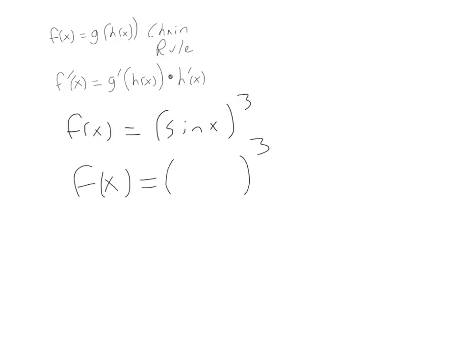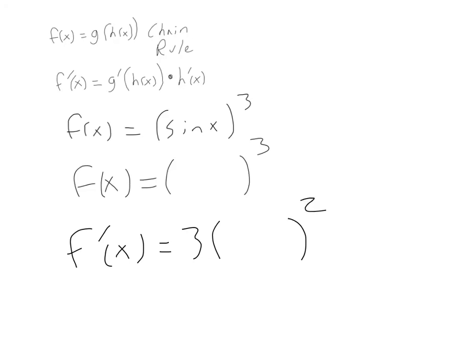So how you should think about it is you're taking the derivative of x cubed. To take the derivative of the outside equation, you do f prime of x equals 3 times parentheses squared.